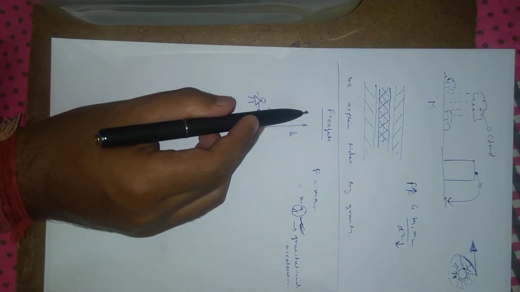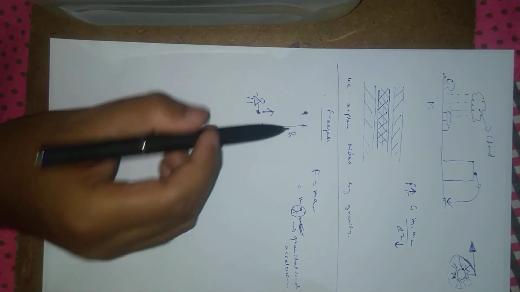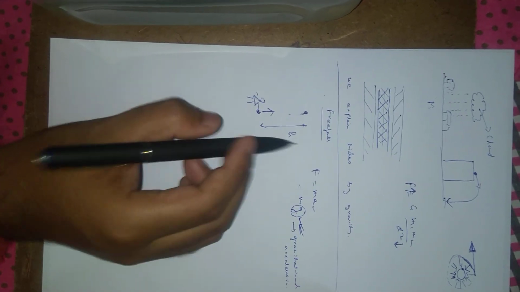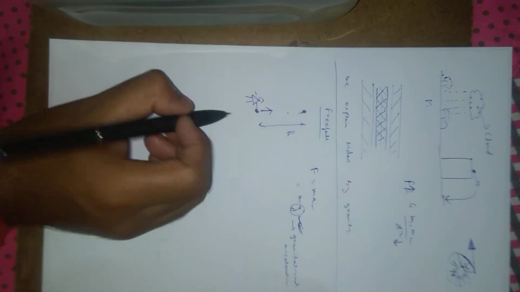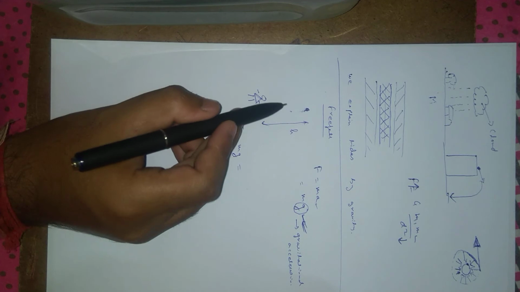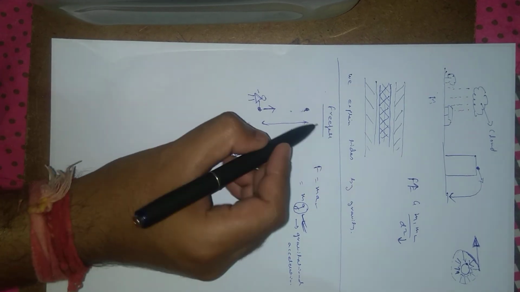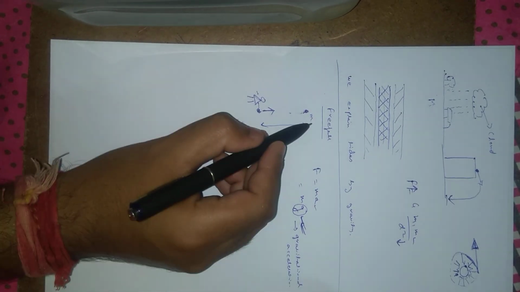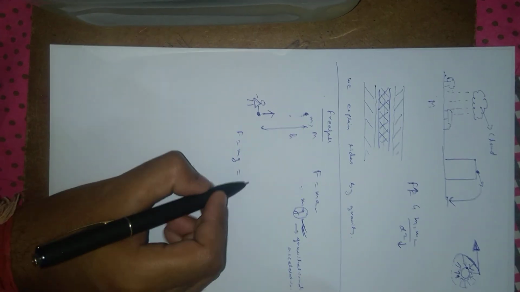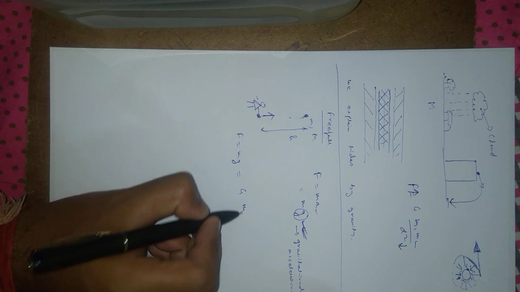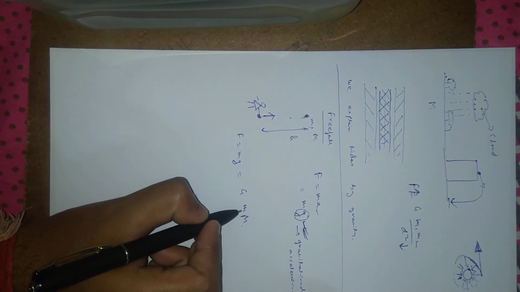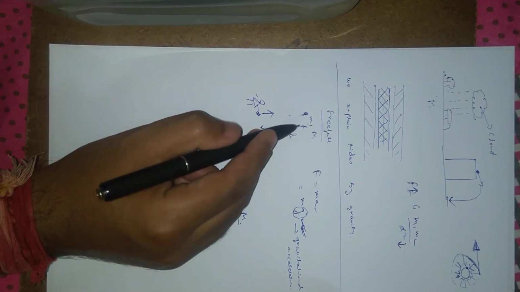At any point, let's say this point or this point or any point, F is equal to mg, which equals, let's say this stone has mass m and earth has mass M, the mass of earth into mass of stone divided by distance square.